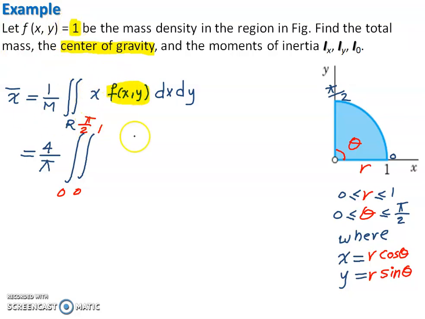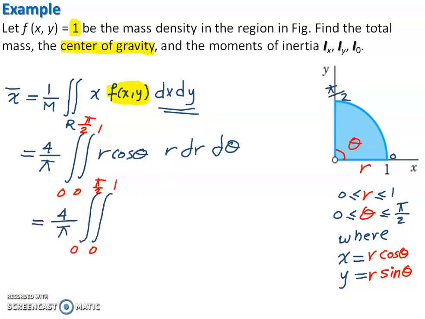We will have x is r cosine theta, and this will be r dr d theta. And we're going to multiply r with r. We're getting r squared cosine theta dr d theta.